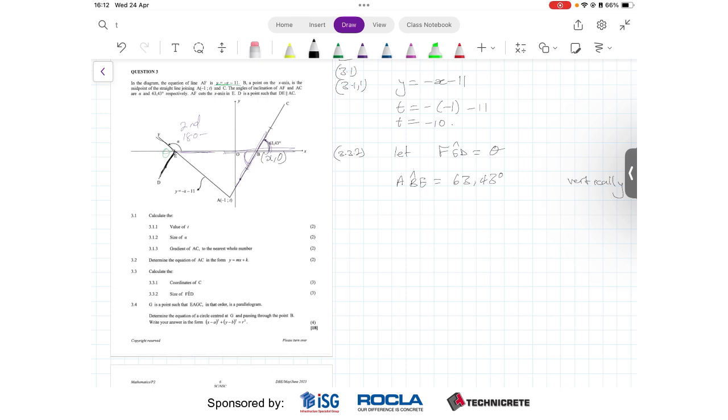We may deduce that the angle subtended by the x-axis and the line DE, this angle right here, let's name this angle E2, and let's name this angle E1, where theta is equal to E1 plus E2.